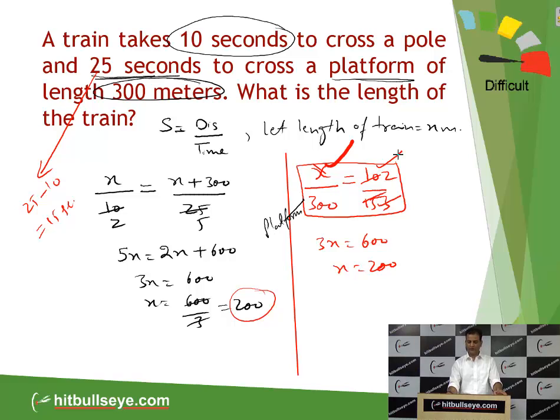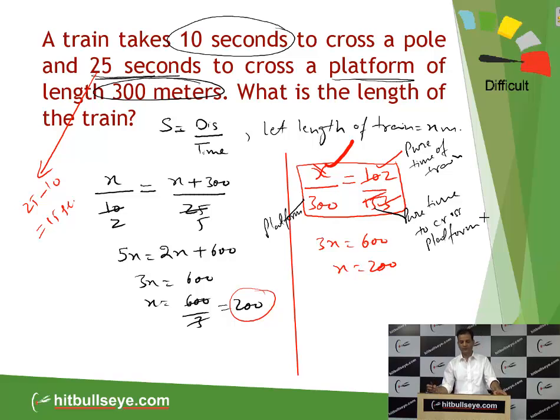This is the pure time of the train, and this is the pure time to cross the platform. So because distance and time have a direct relation, we have applied this chain rule, or direct indirect proportion you can say, or otherwise you can do it by equation also.